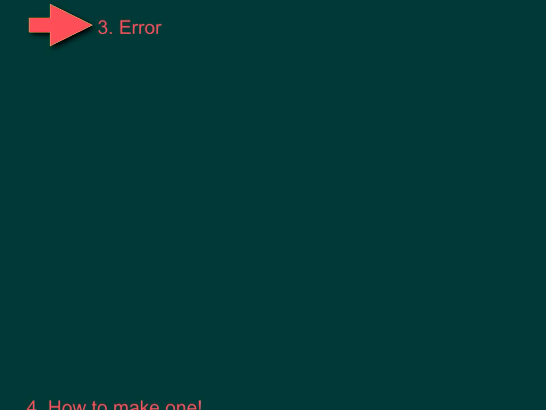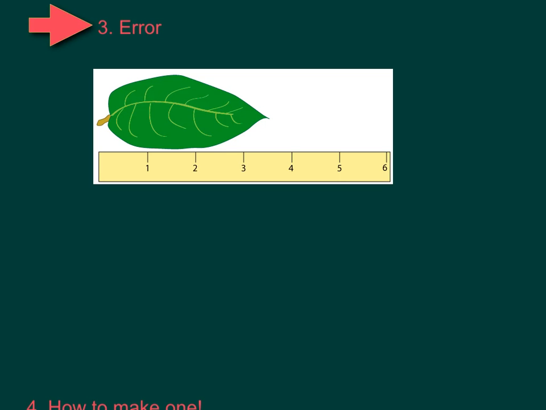All measurements have some sort of source of error introduced into them when they're made. So no measurement is perfect. For example, if I asked you to measure the length of this leaf, you are going to make that measurement slightly different than I will. I think we would both agree that this leaf goes past the 3, and let's assume these are centimeters.